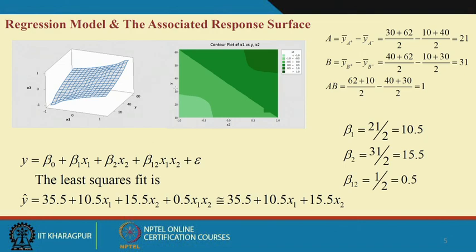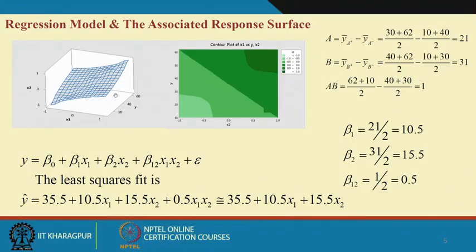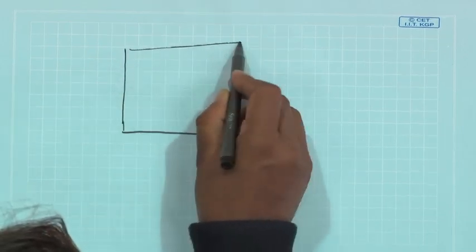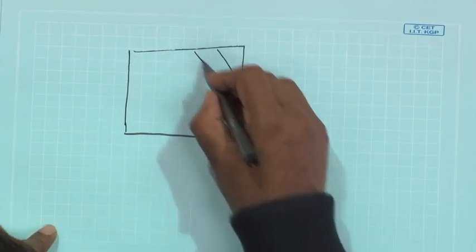If you connect the cities with equal annual mean temperature, that is a temperature contour line. In the same manner, here the contour line is joining the points with the same value of y for different values of x. Essentially, when there is no interaction effect, you will get this kind of lines.